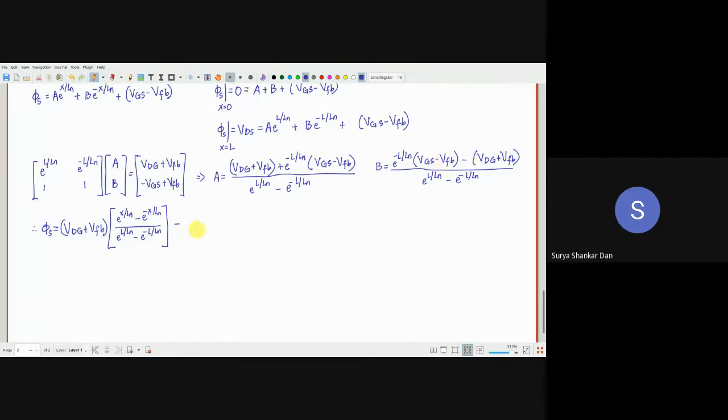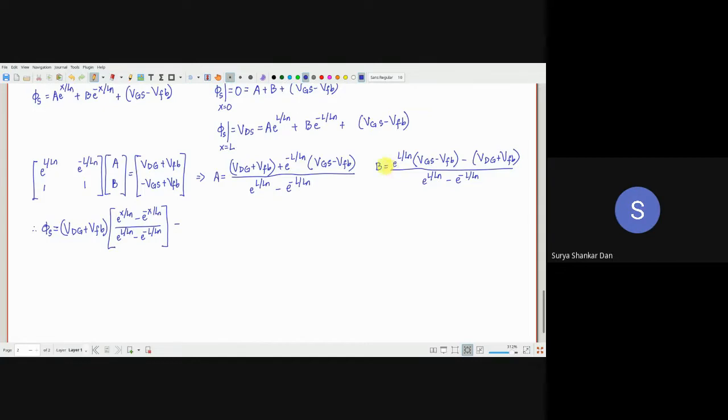So for the value of b, it should be e to the power of L by ln into minus VGS plus VFB.